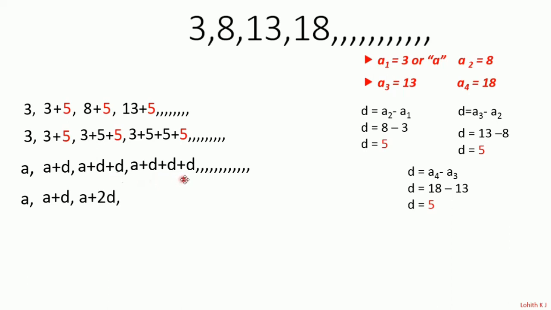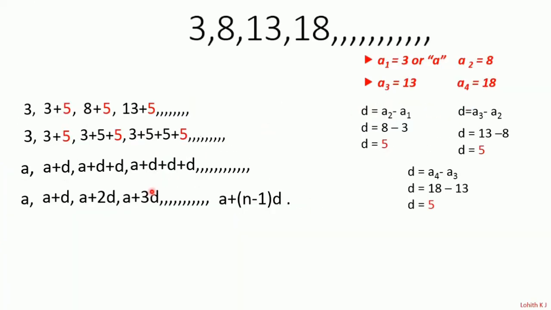Next, here d is existing 3 times, so let us add these 3 d's in order to get a plus 3d. So if we continue like this, we will get the nth term, that is up to a plus (n minus 1) into d. So this is called the general form of arithmetic progression, that is nothing but a, a plus d, a plus 2d, a plus 3d, up to a plus (n minus 1) into d.